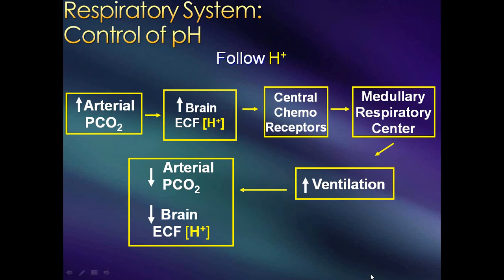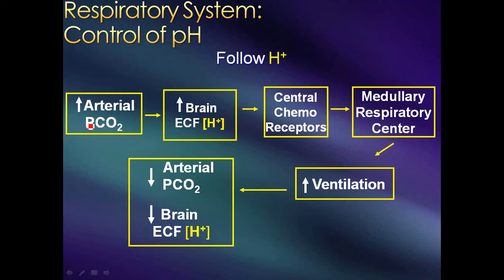So let's take a look at this mechanism here. Again, this is a simple flow chart. Follow the arrows. So let's say that for whatever reason, we have extra CO2. This causes there to be extra hydrogen ions in our body fluids. This is first noticed in the brain. The central chemoreceptors in the brain are the most sensitive to changes in hydrogen ions, and they are the first to react.